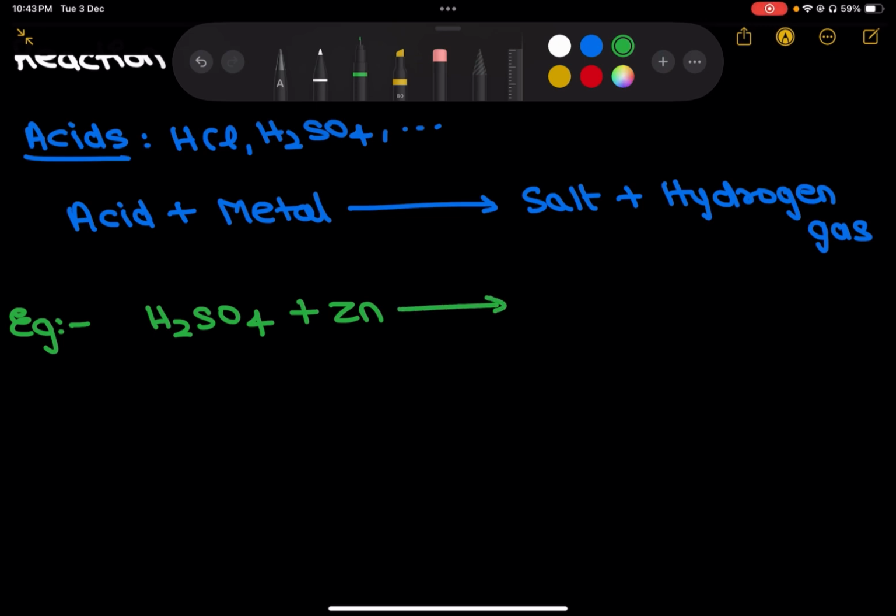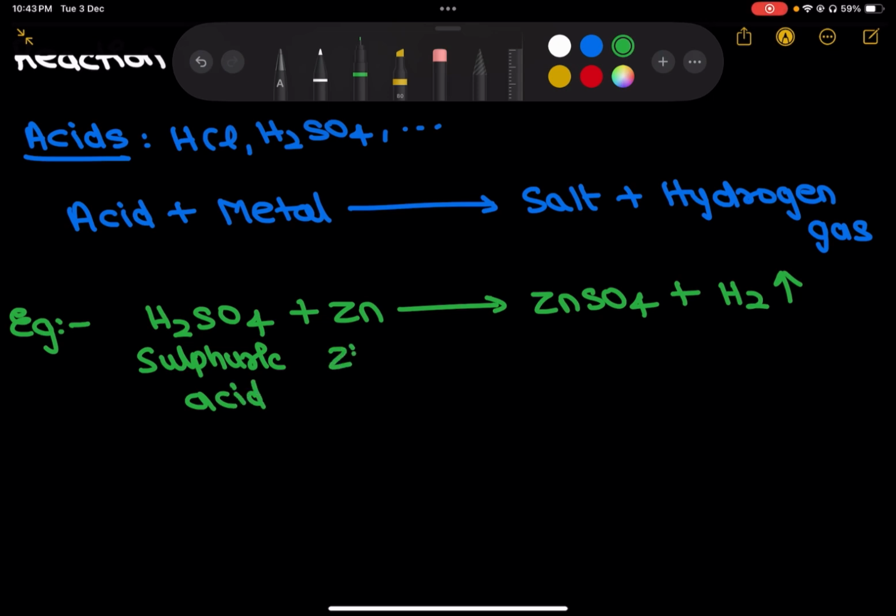See, the salt which will be formed will be ZnSO4 and hydrogen gas will be evolved. Okay, so I'll write down the names here. This is sulfuric acid or hydrogen sulfate. This is zinc, right? Solid. ZnSO4 is zinc sulfate. This is the salt, right? And H2 is hydrogen gas.